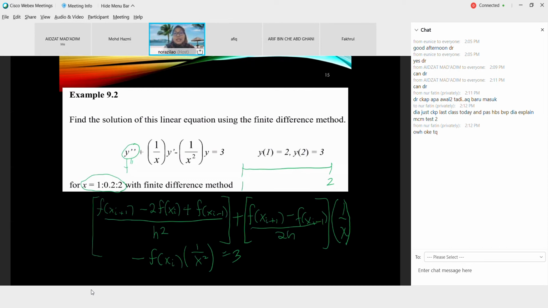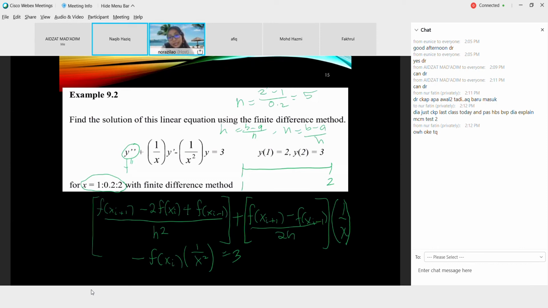So it's actually, okay, h equal to b minus a over n, ataupun n equal to b minus a over h. Sama saja. So 2 tolak 1 bagi 0.2. Berapa? 5 kali. Betul? Okay, so 5 times.